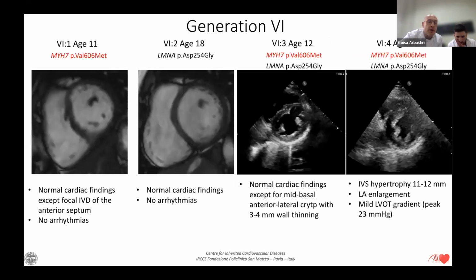Here, a comparison slide in which you can observe the phenotype on the right side of the slide, the phenotype in the two homozygous twins that are different from each other, and on the left side, the normal cardiac findings in those who carry respectively the MYH7 variant, but at the age of 11 years old, and the LMNA VUS.